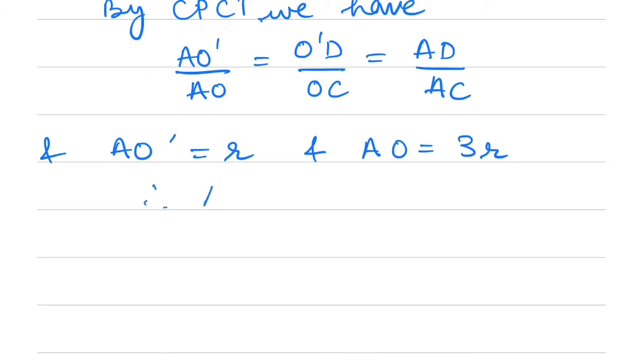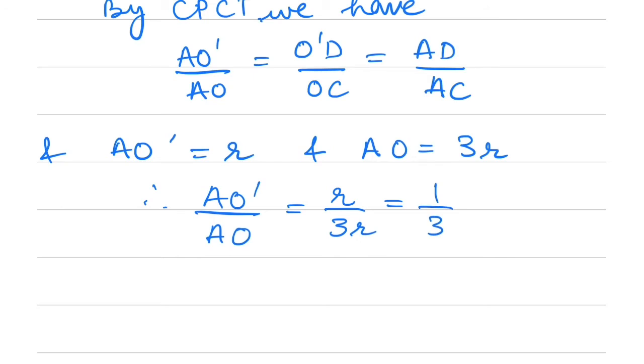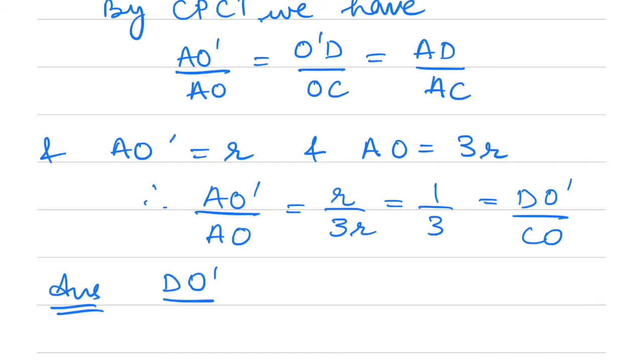Therefore AO dash by AO is equal to R by 3R, so this is equal to 1 by 3, and this is also equal to DO dash by CO. So answer, we have DO dash by CO is equal to 1 by 3.